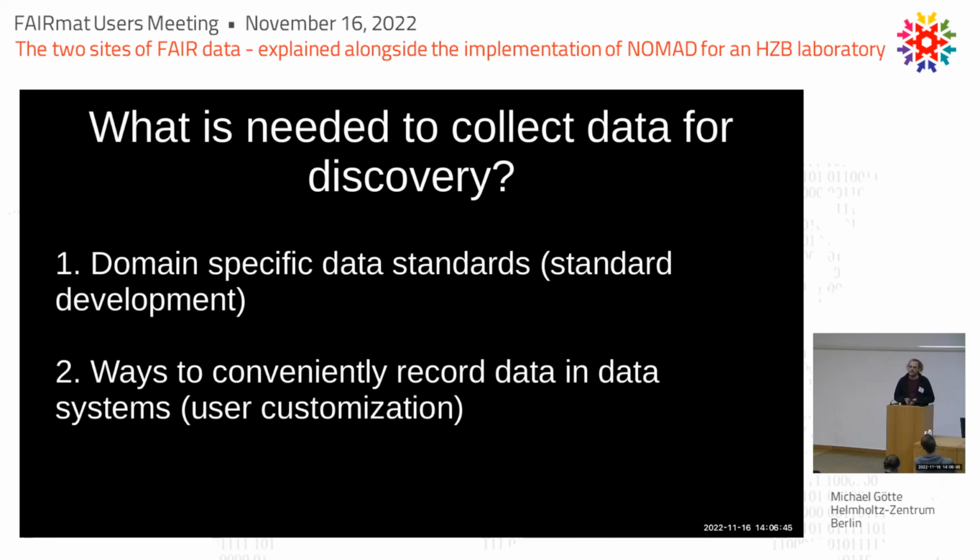And this is something I'm experiencing a lot, because the reality in the lab is much different from what group leaders and PIs are discussing in meetings on data standards. To raise awareness of these needs concretely in the lab is basically a big part of my job.